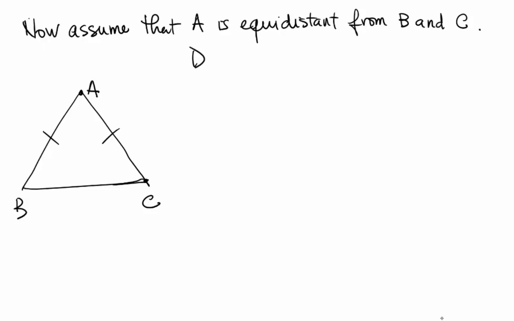Now we'll draw median AX of the triangle ABC. So X is the midpoint of line segment BC.